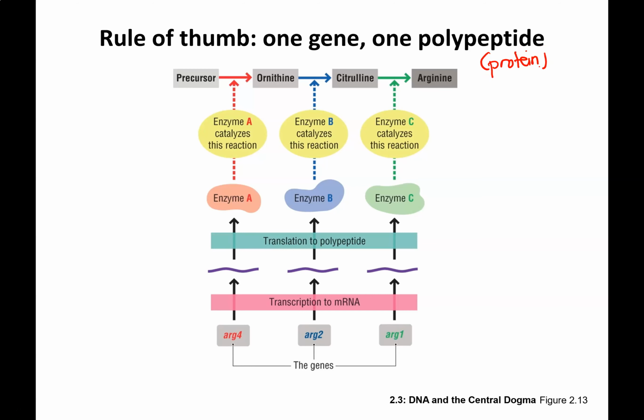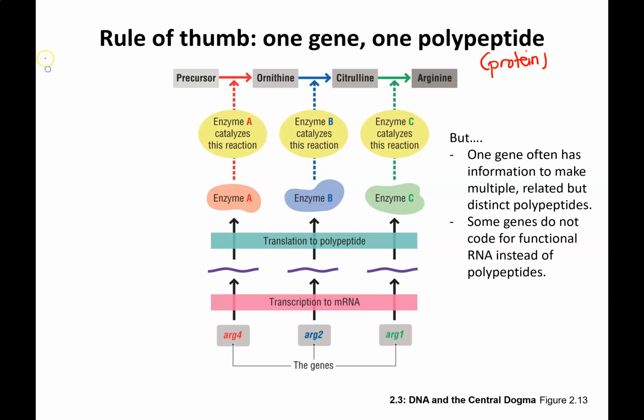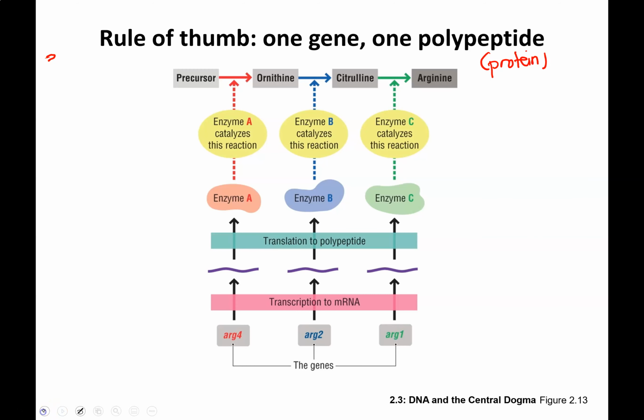This is sort of a general rule, and this was an idea put out roughly around the time that Watson and Crick were working on their structure of DNA, maybe even a little bit before. This idea was put forth by two men named Beadle and Tatum. They were working with Neurospora, which is a type of mold, and a type of fungus.